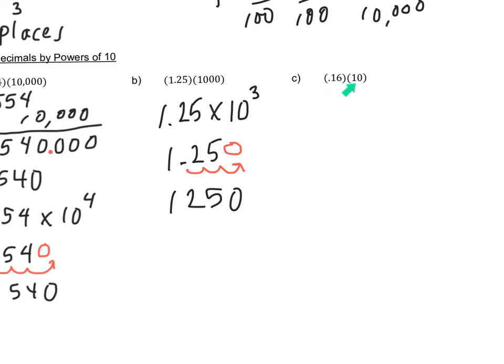We are just going to move our decimal one place to the right because we only have the one 0. All right, so 0.16, move it one place to the right, 1.6. And that normally happens with multiplying whole numbers. If we have to do 23 times 10, we basically take the decimal after the 3 and move it over one place and put the 0. So it's the same idea.